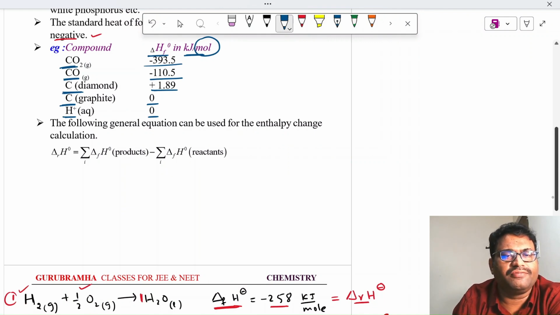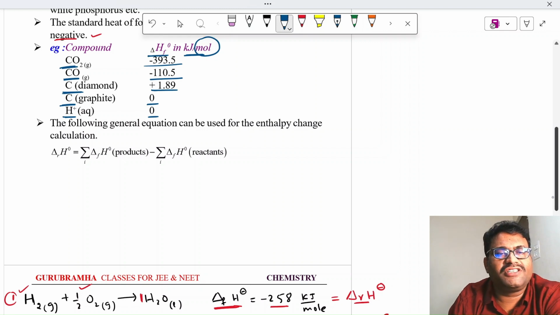In that way, for elements, especially the most stable state, standard enthalpy of formation is taken as 0. Exact calculation of enthalpy is not possible. Only enthalpy change can be calculated. And in calculating this enthalpy change, the enthalpy of formation of elements in their most stable state is considered to be 0.